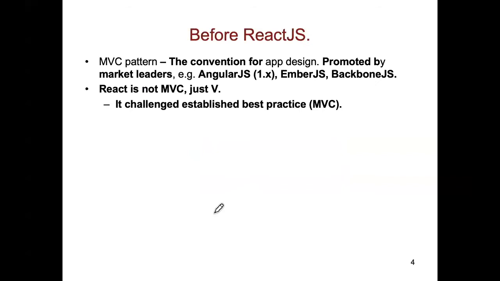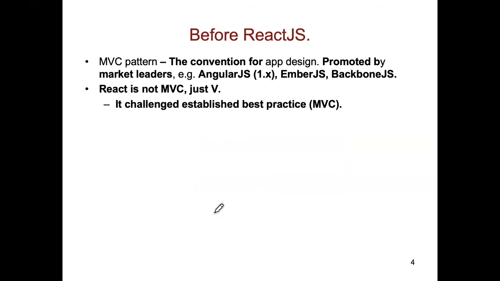Now, React was not the first single-page app framework available to the community. There were many others at the time, back in 2012. But what distinguished React from all of the other ones that existed at the time was that React did not follow this MVC pattern. MVC stands for Model View Controller, as you might remember.